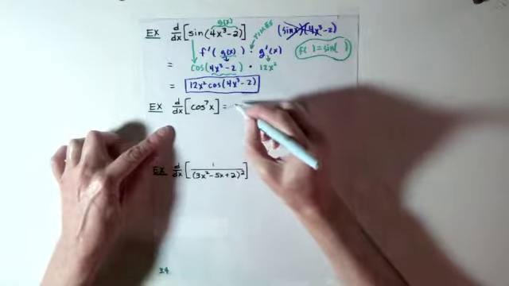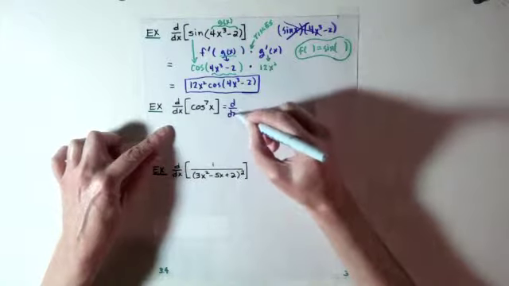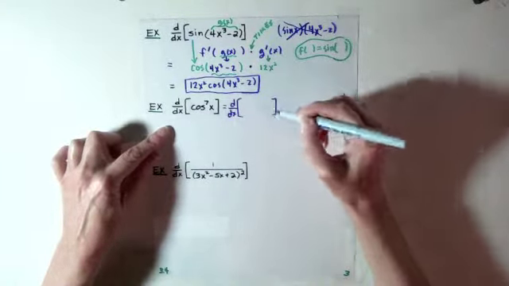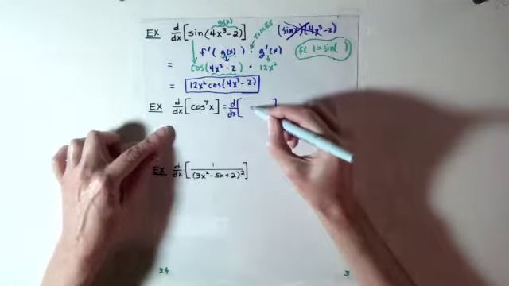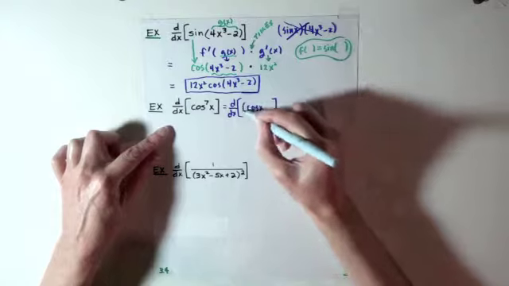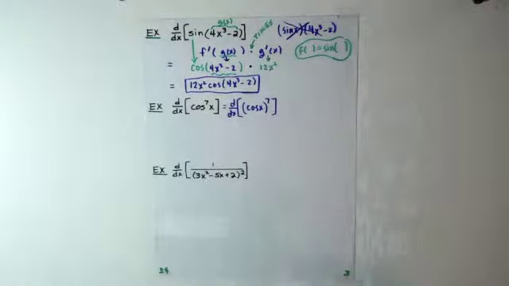In order to decide what the inner and outer function is, it's much easier to rewrite this without that shorthand notation. So remember that cosine 7x really means we're doing cosine of x, that function, all raised to the 7th power. And now it's a little bit clearer what the inner and the outer function are.